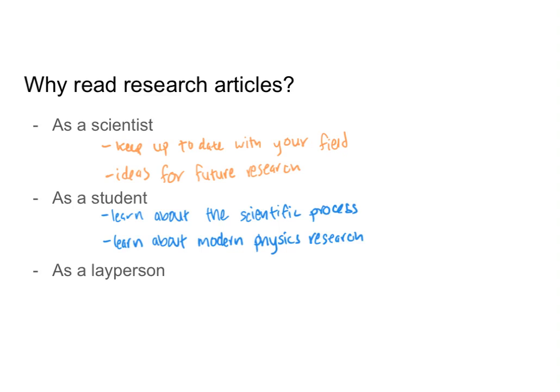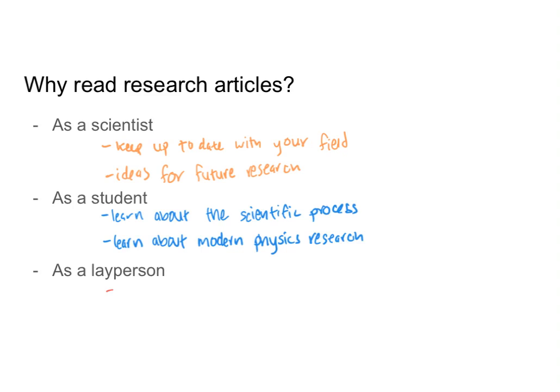So finally, why would somebody who is not a scientist and not intending to be a scientist want to be able to read research articles? Well, one really important reason is that it is one way to make sure that the information you're getting is true. There are a lot of newspaper articles about science, but not all newspaper articles are written very accurately, or even if they are accurate, they sometimes make it seem as though the conclusion of the study is a lot more extreme than it is.